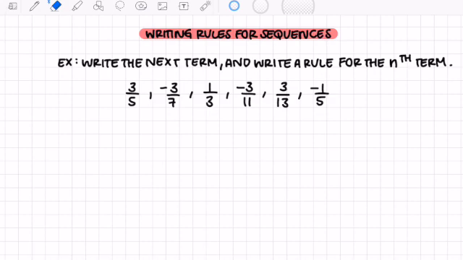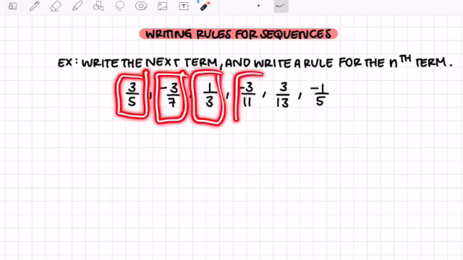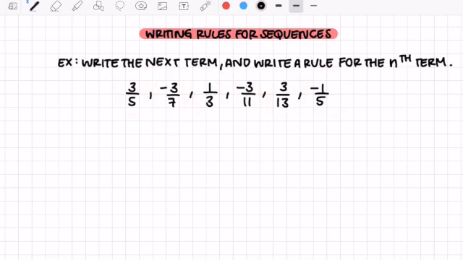If I want to do this, whenever you first see an alternation of positive to negative, then positive, then negative, then positive, then negative, you always want to use the formula -1 to the power of n plus 1.